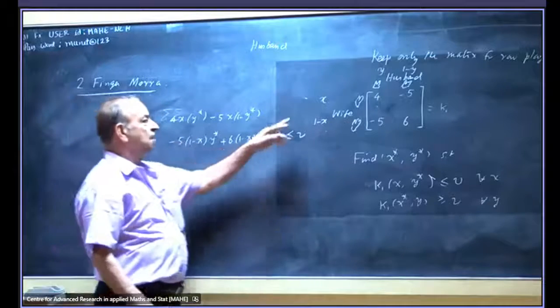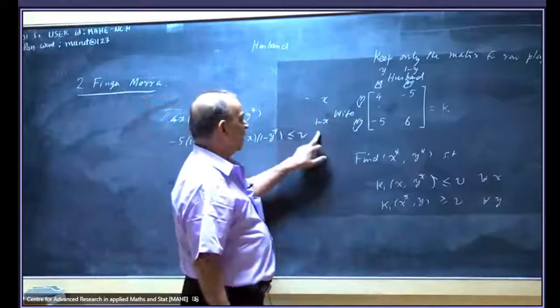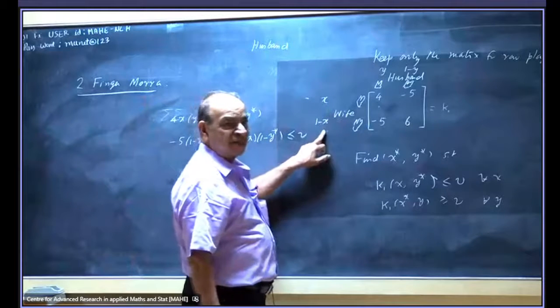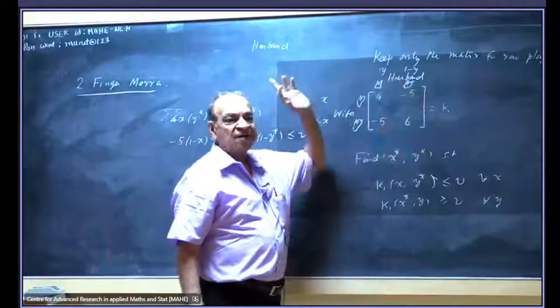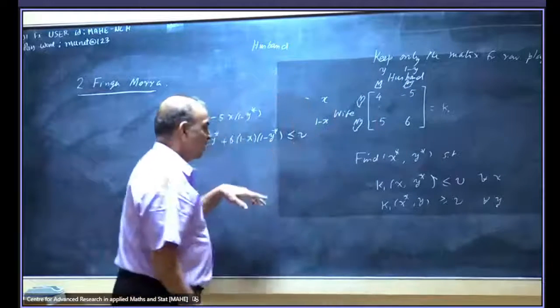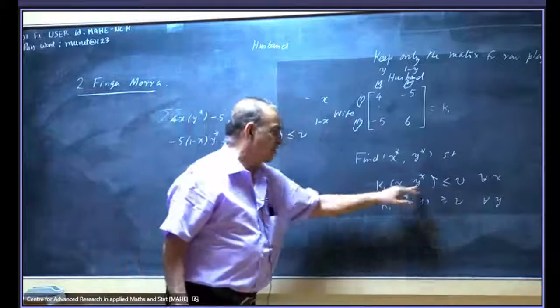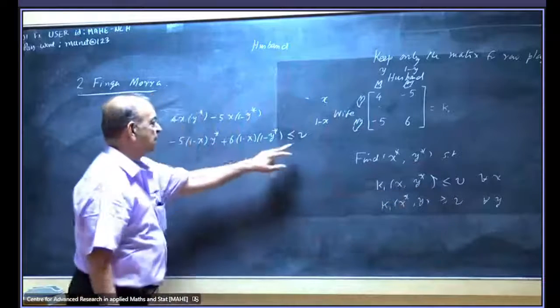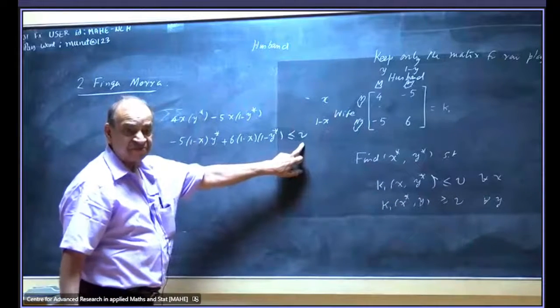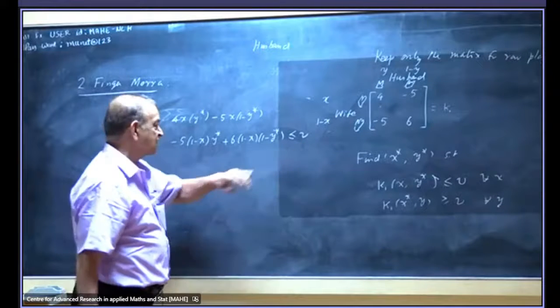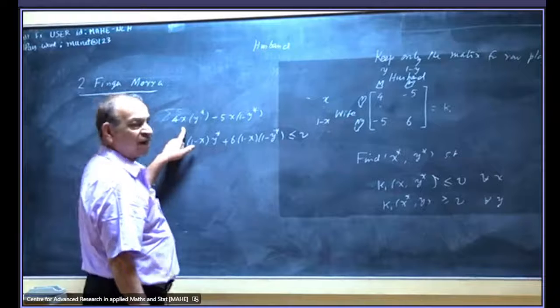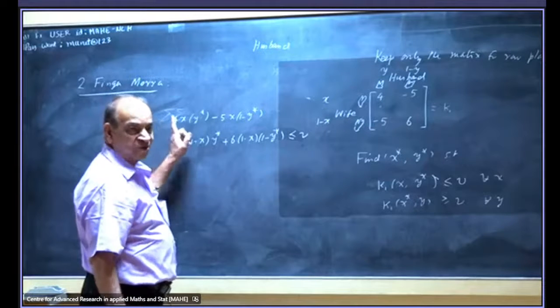See, I am writing x, this fellow is applying general x, 1 minus x, where the husband is sticking to y star, 1 minus y star. Then this number must be less than or equal to b for every x. Agree? This must be true for every x. So I can put x equals 1 and also x equals 0.